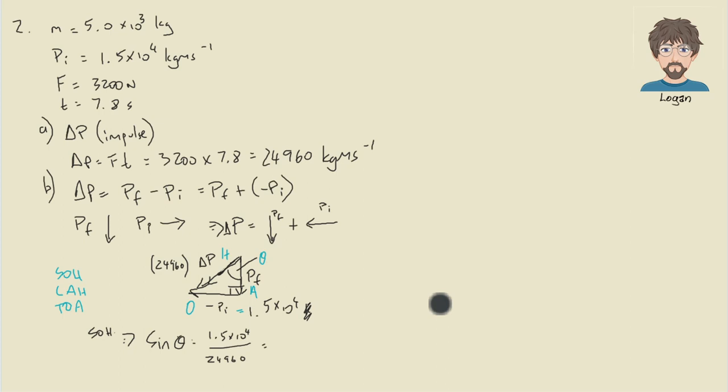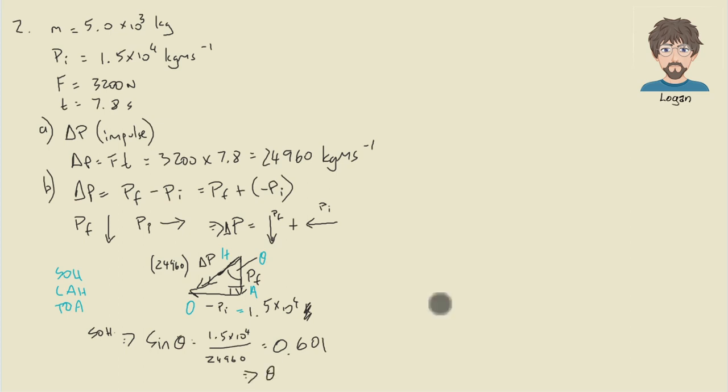Now, make sure when you're doing these sort of things, you're using your calculator correctly and using the times 10 to the x button, or the exponent button, rather than typing in times 10 to the power, raised to the power 4 or whatever, because you'll end up with the wrong answer. So theta, 0.601.